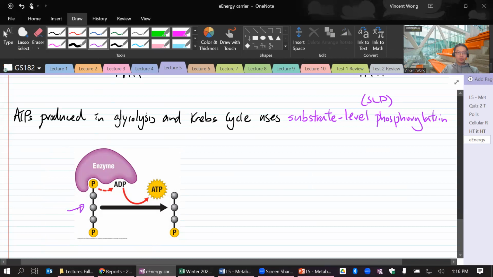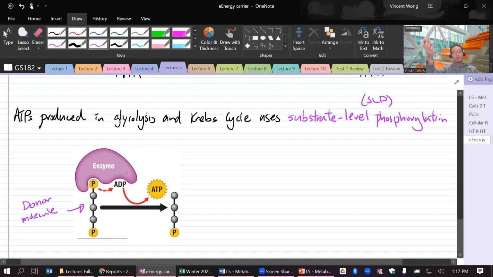Over here, we have a donor molecule that is willing to donate a phosphate. So this one has 2 phosphates. It doesn't mind giving up one of them. And then we need to have an ADP. Okay, so phosphorylation. To phosphorylate something is to add a phosphate to it. So the enzyme will take the phosphate from the donor, transfer it to ADP, and that's going to make ATP.